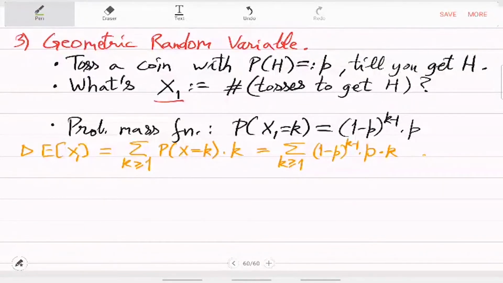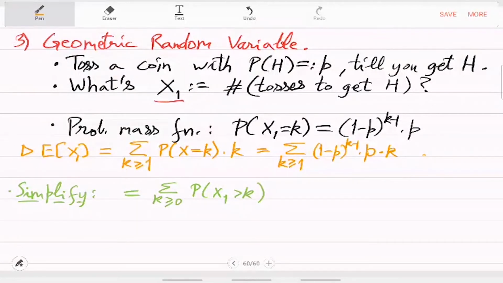So, let us simplify. Let us rewrite this sum, probability x1 equal to k times k, as a sum of the probability that x1 is greater than k.